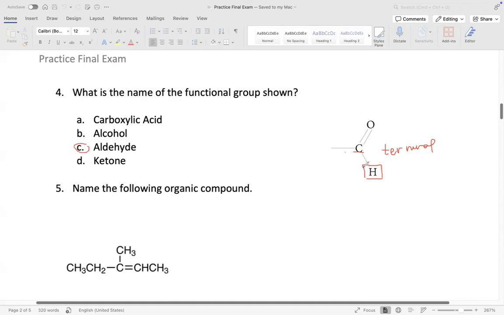If we had that same characteristic, a C double bonded to an O, but in the middle of a chain, that's a ketone. All right. So make sure we know our functional groups. That's something that is going to carry you throughout this test. Any questions here?